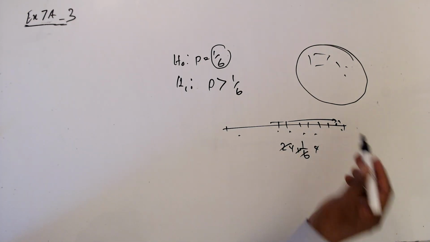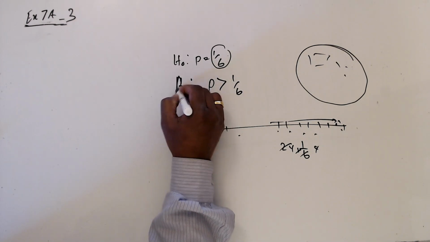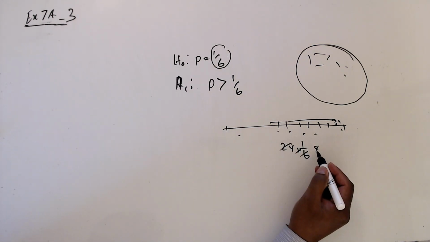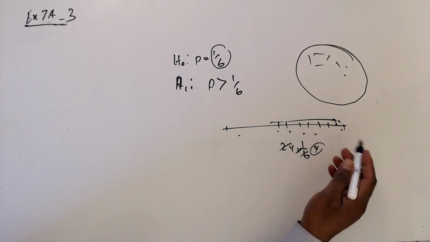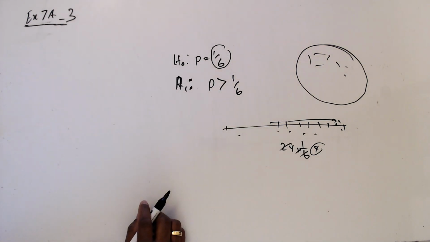because we are going to use the upper side, getting more and more. Usually we need to get 4 times, but it could be 5, 6, 7 because it's biased towards getting more sixes.